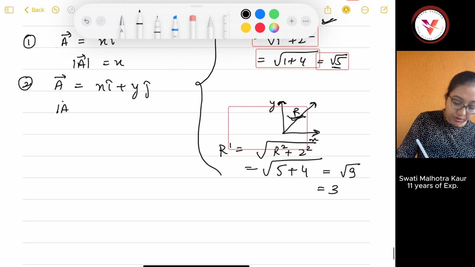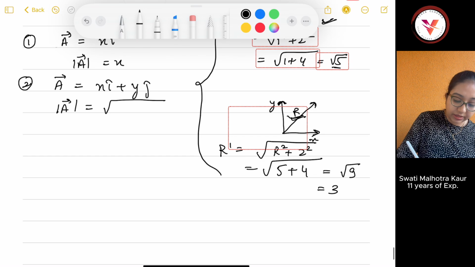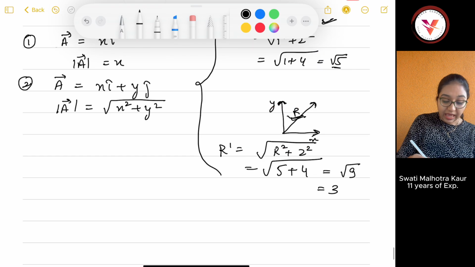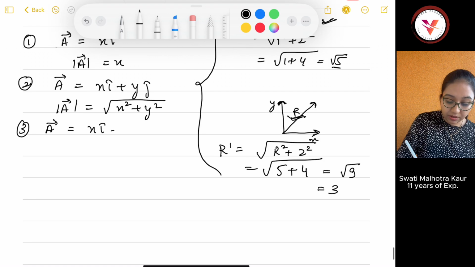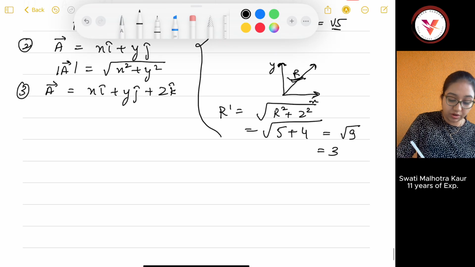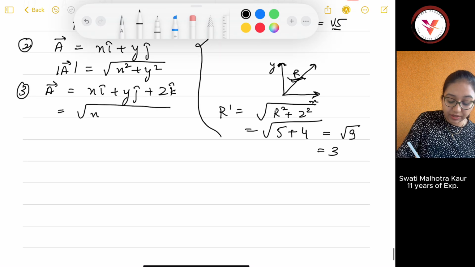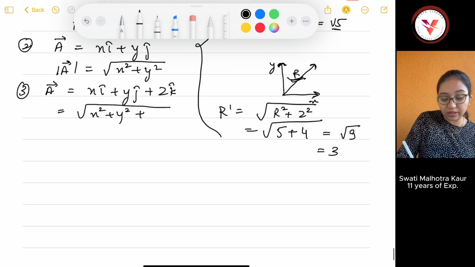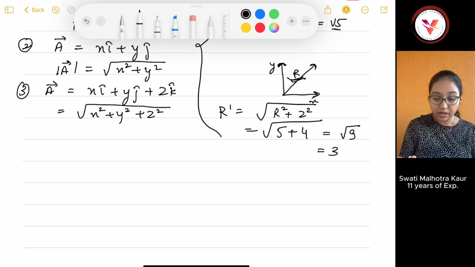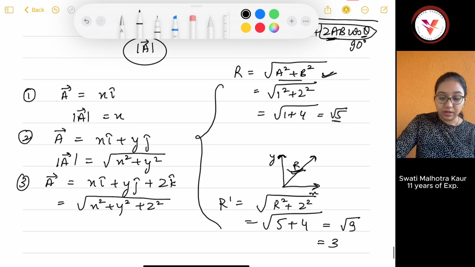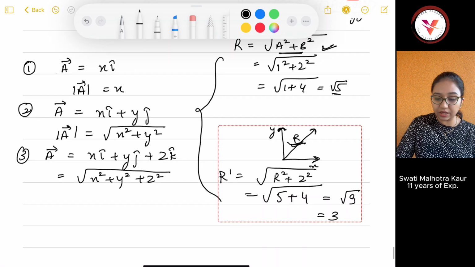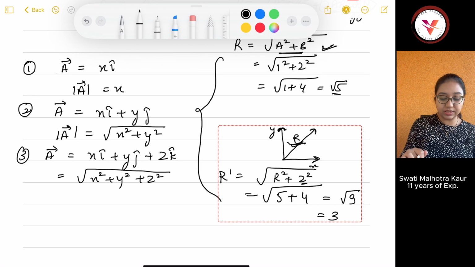Then its magnitude is simply root of x square plus y square. And if it is in 3D, x i cap plus y j cap plus z k cap, then all you have to do is simply square the three things and take a root. Because if you can see here, this is basically r square and again the z square. So this square removes the under root, and you will get x square plus y square plus z square. So it is the same thing.